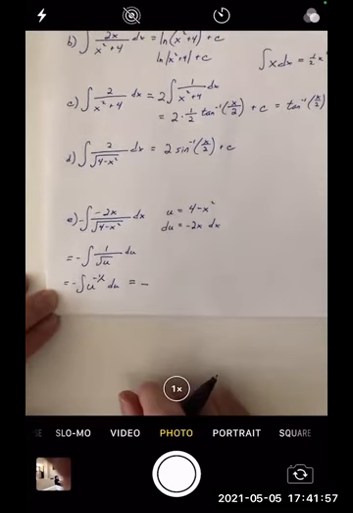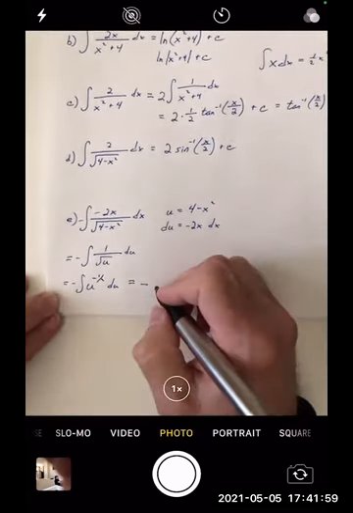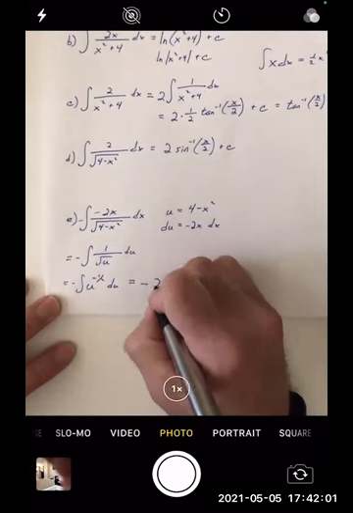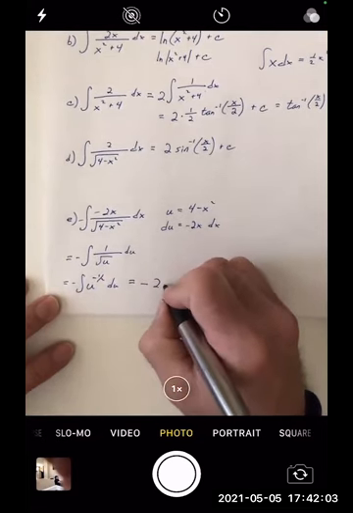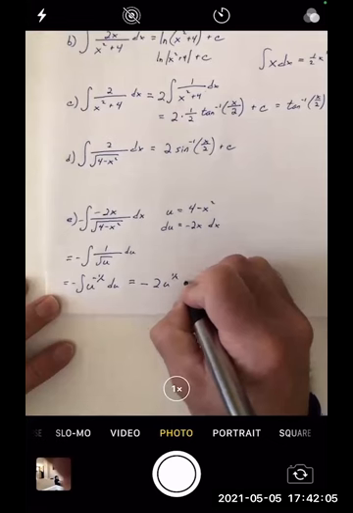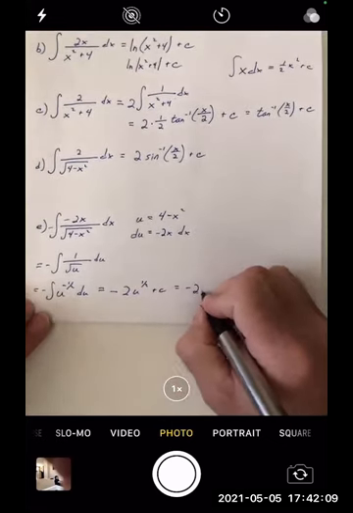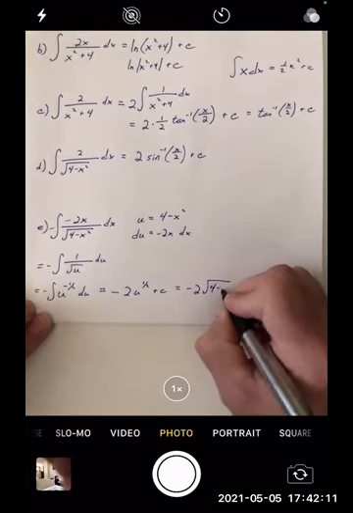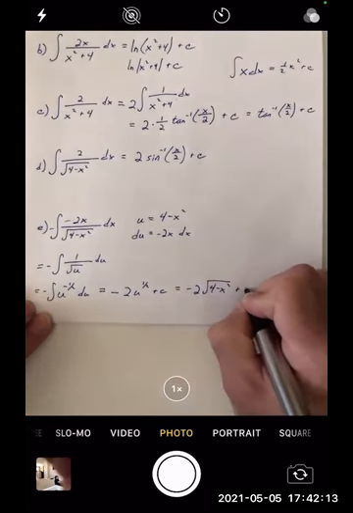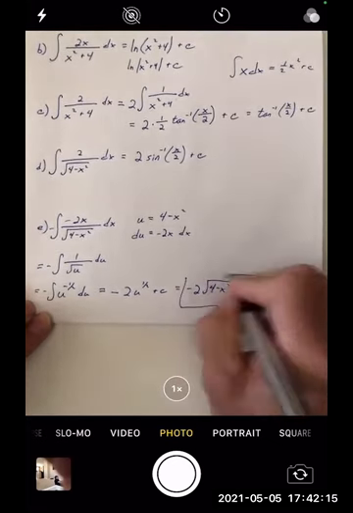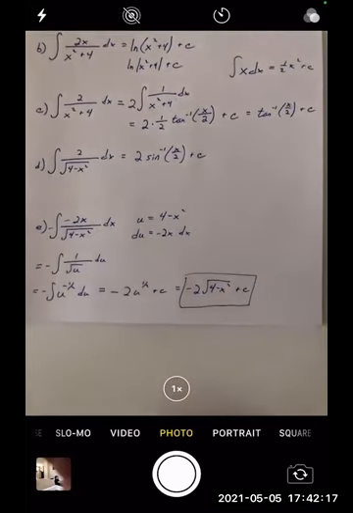Which is going to become negative 2 square root of 4 minus x squared. All right, nice job.